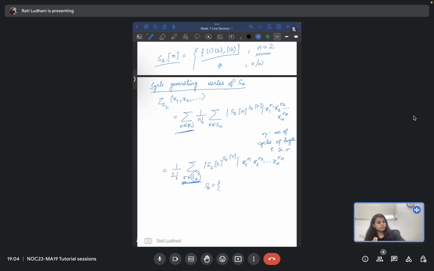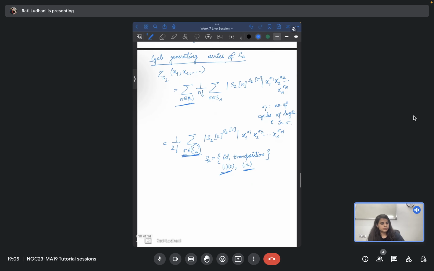S2 is the set of two permutations: the identity one, and the transposition. Transposition means the two-cycle, so these are the only options. This represents 1 2, this represents 1 2. So 1 is mapping to 1 and 2 is mapping to 2 for this, and 1 is mapping to 2 and 2 is mapping to 1 for this, right?